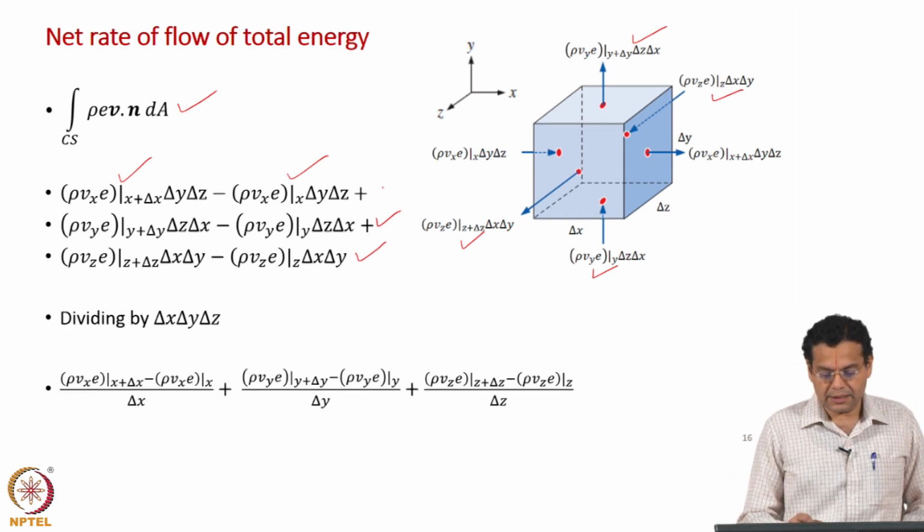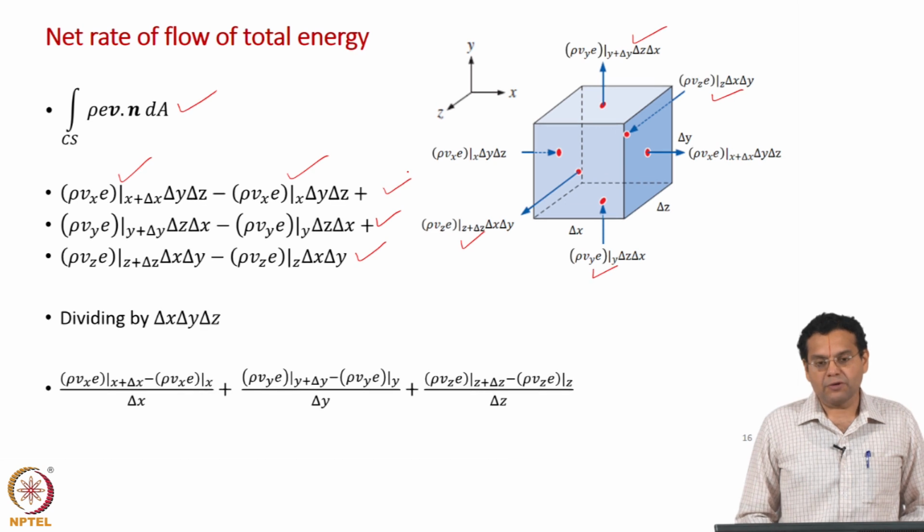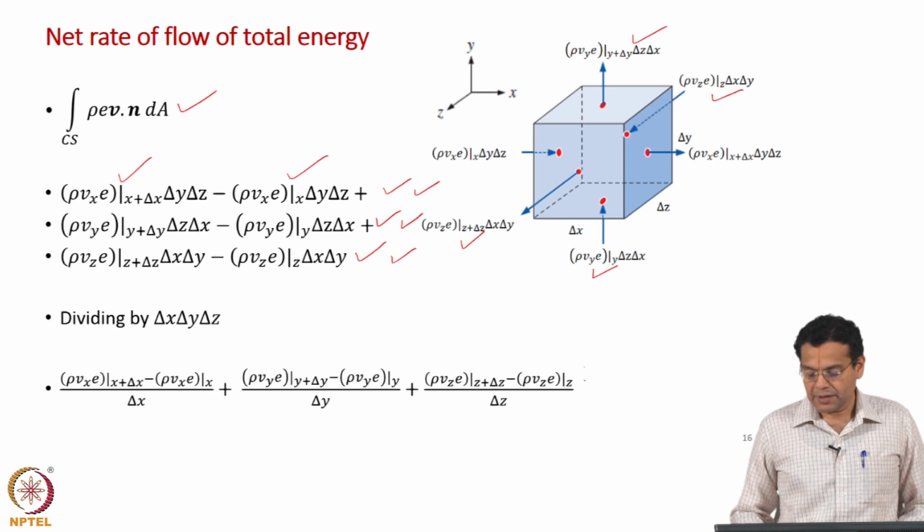So here it is in terms of only rate of flow of energy and then net rate of flow of energy leaving, that is for x direction, and then for y direction, then for z direction. When we divide, we get here the per unit volume basis, also accounting for all the three directions.